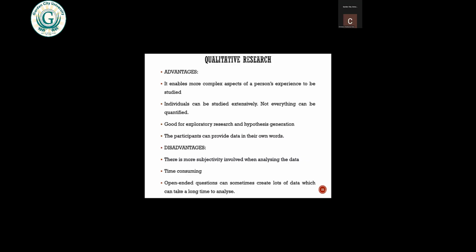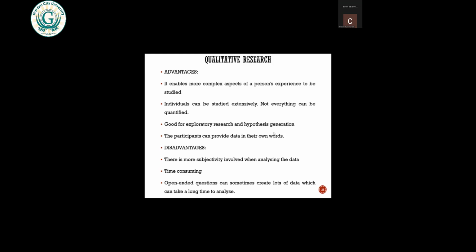Another one is that it is time consuming, because you can spend hours on one participant. Meanwhile, a questionnaire, you would have been done in 10 minutes, but you will spend hours on one participant. And then you'll be using open-ended questions, and these open-ended questions can cause the participants to give you too much information.